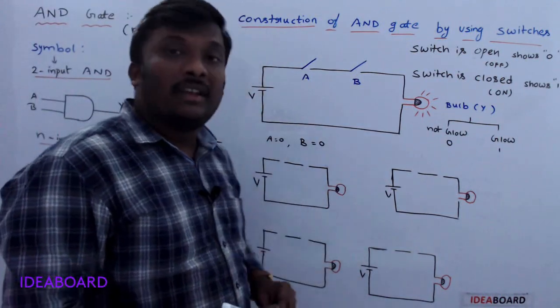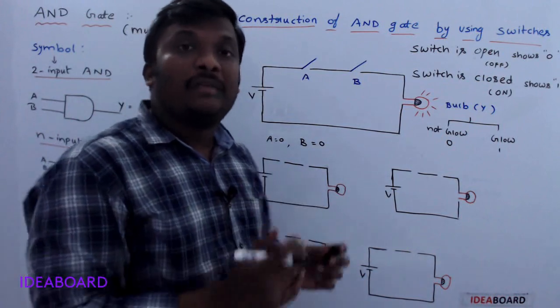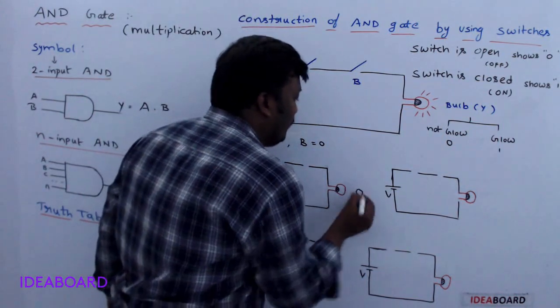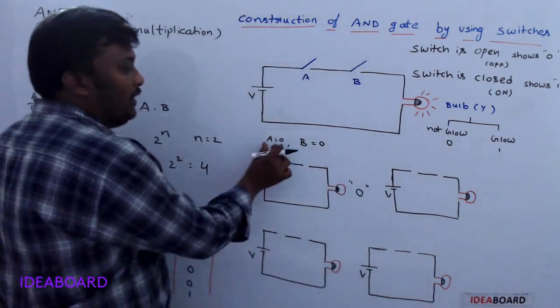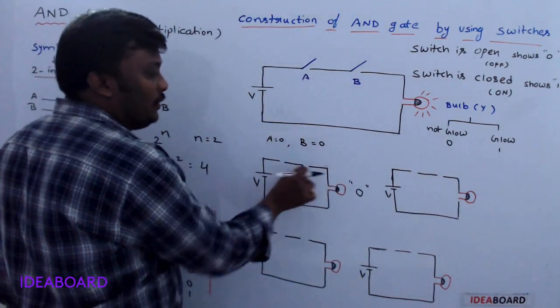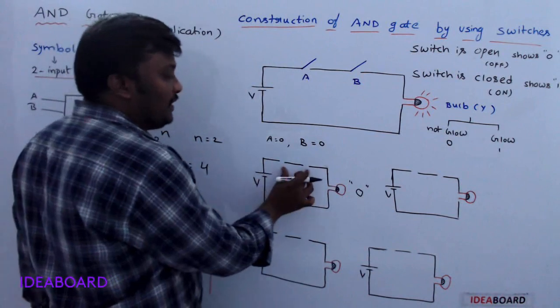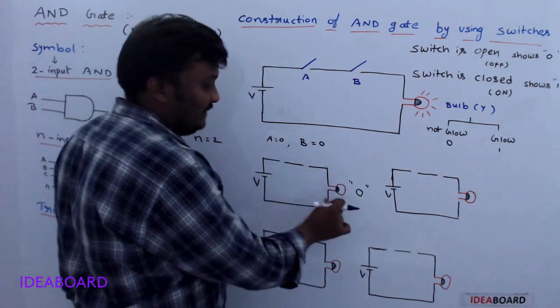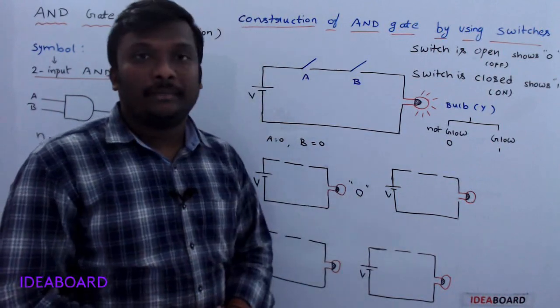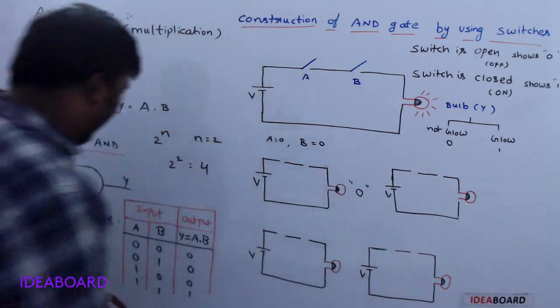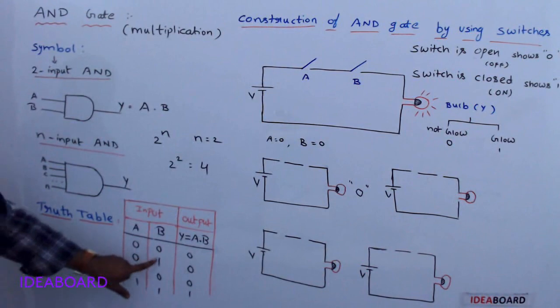So the bulb will not glow, and it shows 0. So input A is 0, B is 0 means both switches are open, the bulb will not glow, and it shows 0. Understand?